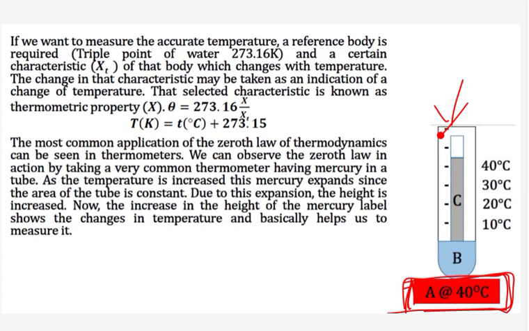Of this liquid, which is our mercury, and we are using mercury because at room temperature only two metals are in liquid form, and one is mercury. So we use mercury here.